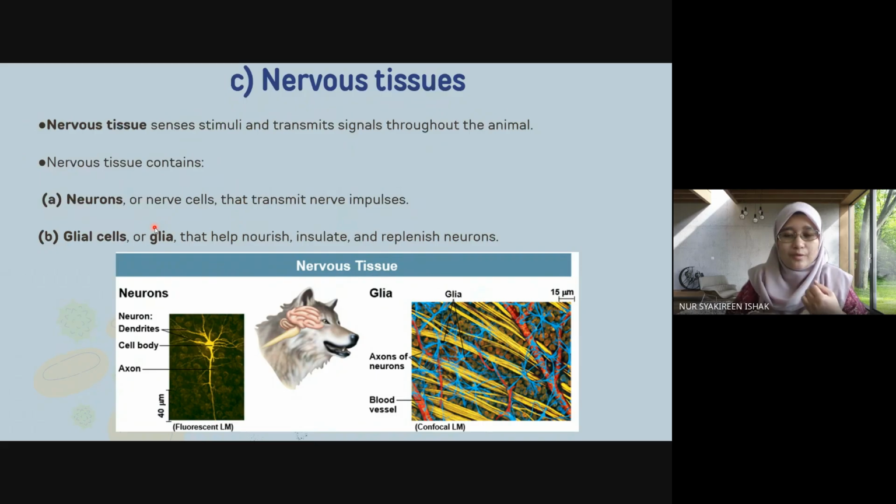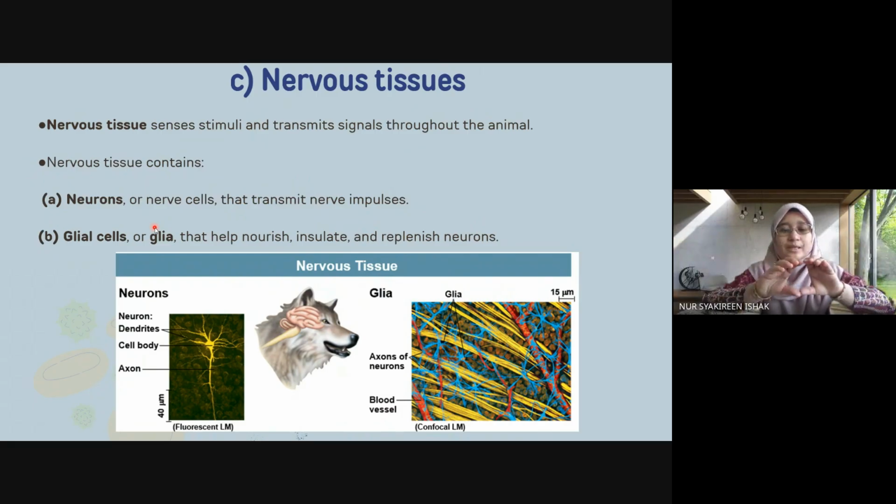One way of supporting the neuron is that the glial cell will provide nourishment, or it provides insulation. As we have learned, I'm sure you already know the structure of a neuron. The neuron has the cell body, the axon, and then the synaptic terminal.